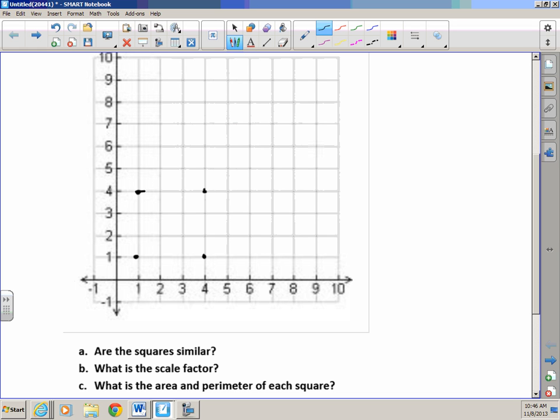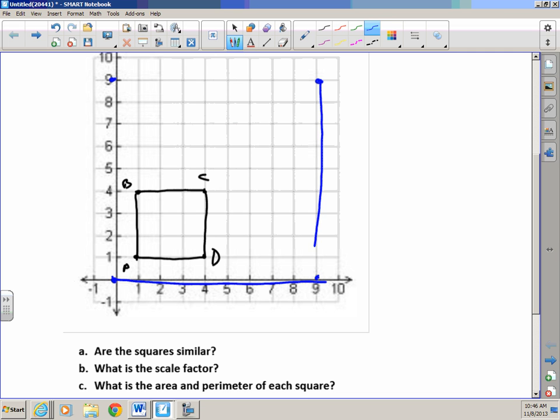So this is where I'm putting A, B, C, D. And then I'm going to put W, X, Y, Z. I'll move it to the outside a little bit so they don't intersect. So I have a 3 by 3 and a 9 by 9.